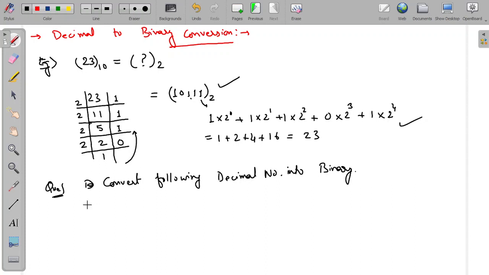So let's say I give 25, then 576, then 1024, then 2048, then let's say 999. So you can practice by taking certain numbers.